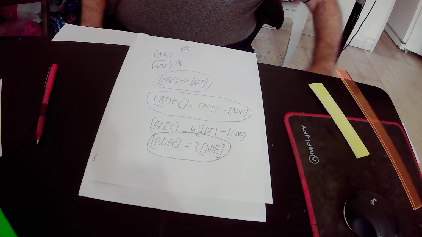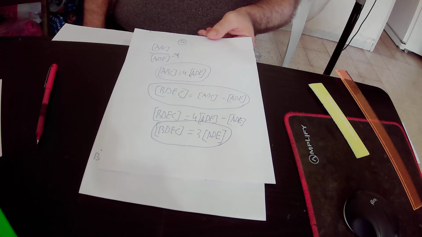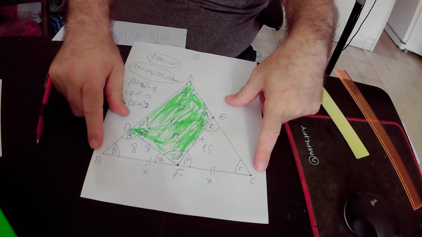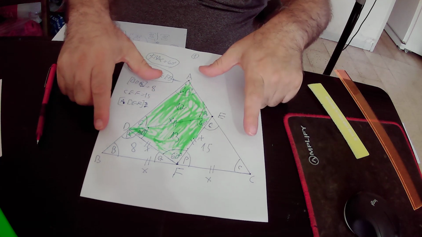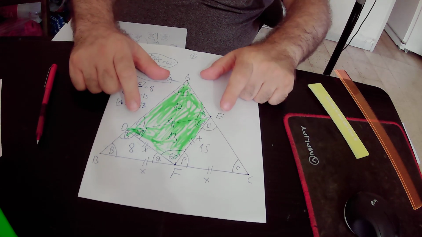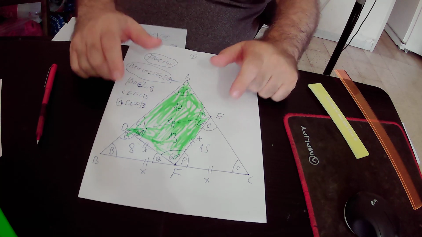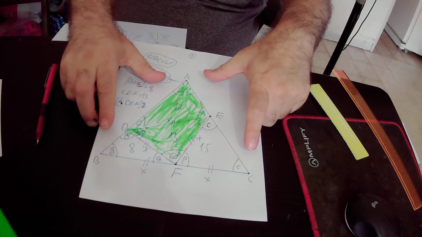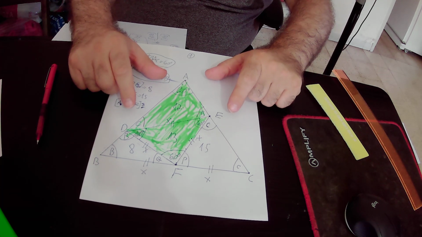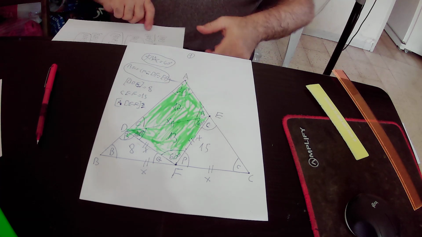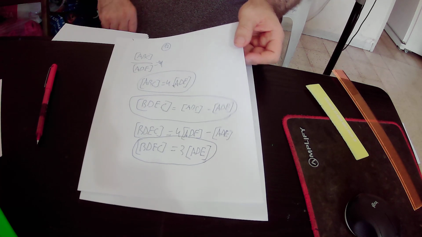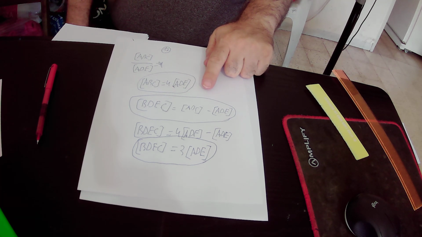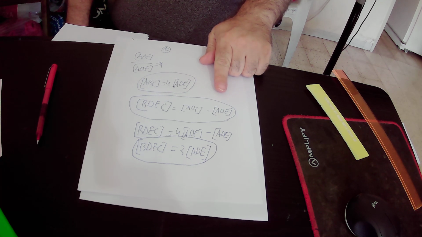And we found the area of quadrilateral DBEC. The area of quadrilateral DBEC equals the area of the big triangle ABC minus the area of the small green triangle ADE.